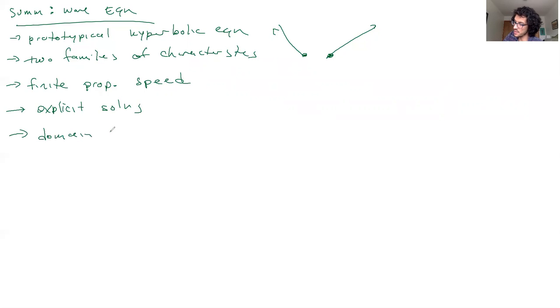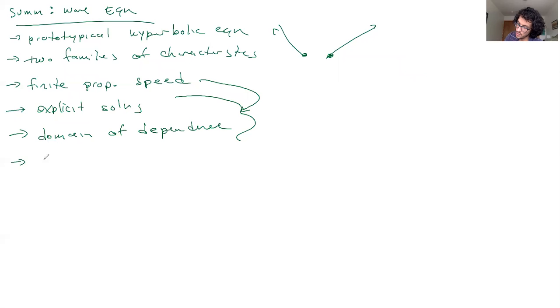We've talked about the importance of the domain of dependence, and these facts are the result of having a finite propagation speed.